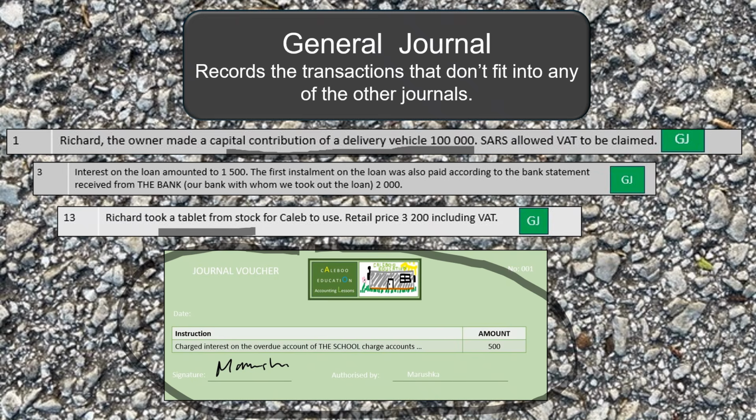You need to know which journal the transaction is recorded in. Then obviously the account that was debited and the account that was credited and the amount. That is important information which you will be required to complete on a table.